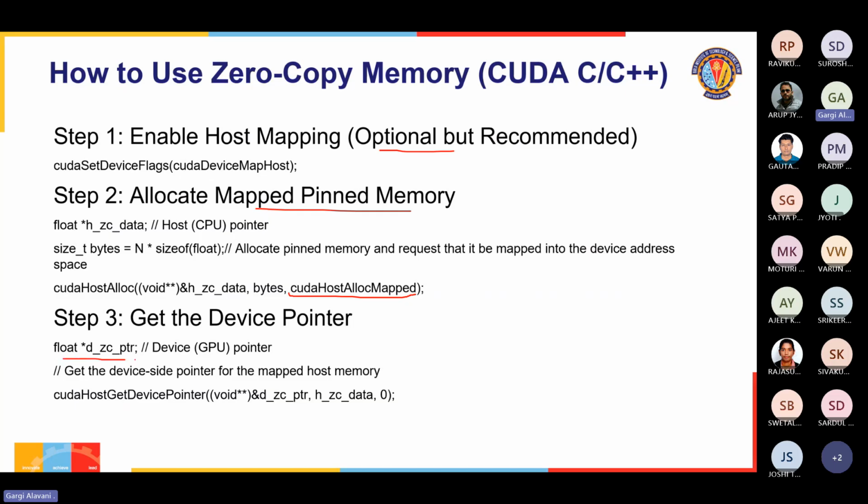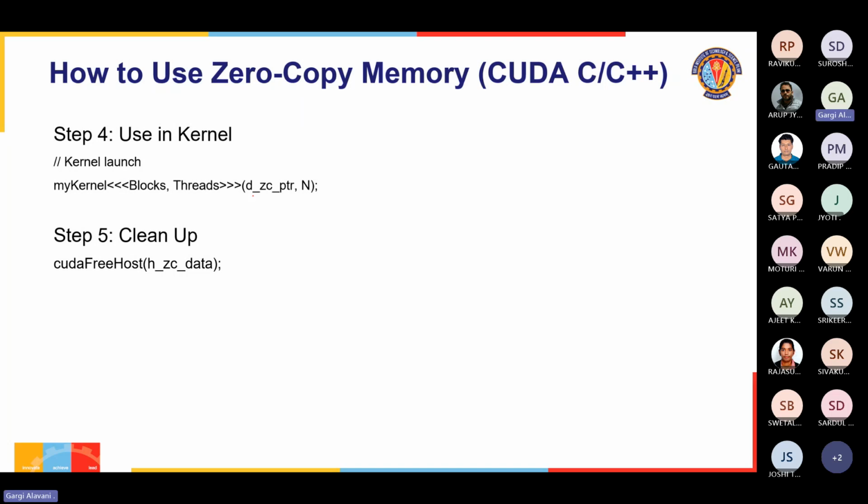Then create a pointer for this using cudaHostGetDevicePointer for the host memory, and then send this pointer directly to your CUDA kernel, and then free this host memory that you have used. Let us see another example.